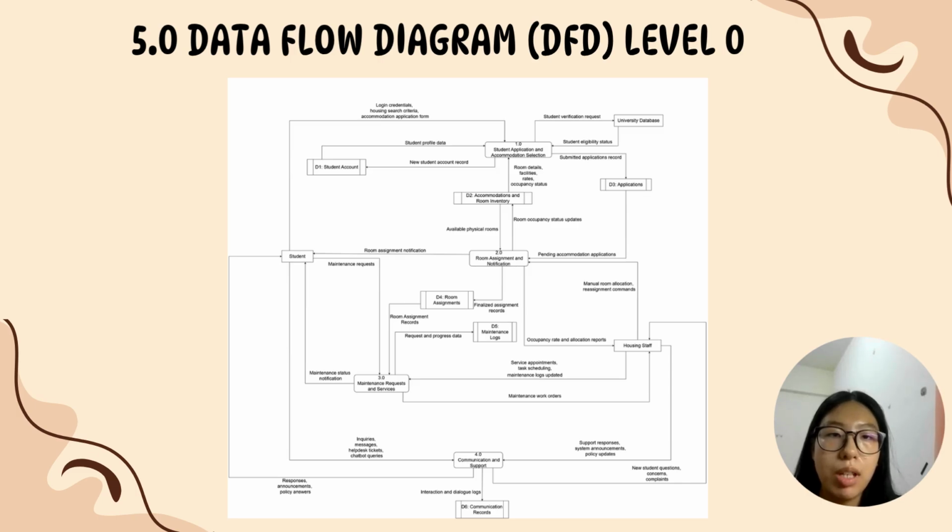This is our level 0 data flow diagram, where we decompose the system into four major processes supported by six key data stores. First, process 1.0 is student application and accommodation selection. When a student logs in, the system retrieves their local information from data store 1, student account, and verifies their eligibility with the university database.